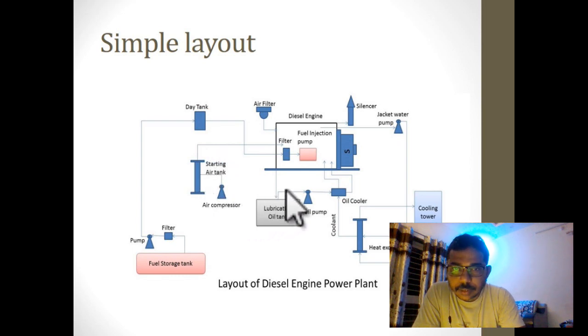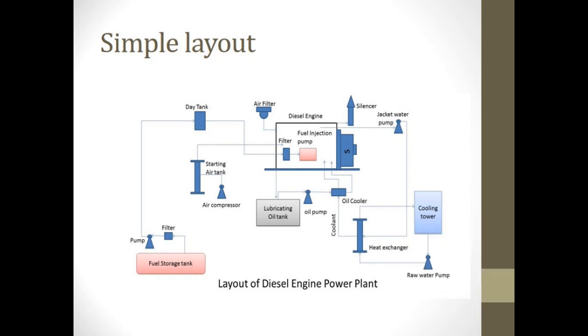This is the lubricating system. This is the cooling system we can observe over here. These are the various systems in the diesel power plant: fuel supply system, starting system, lubricating system, cooling system.